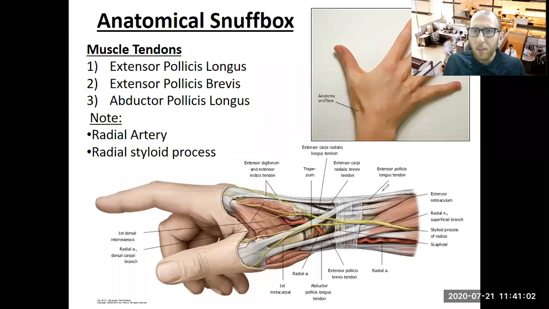Specifically note, though, that really the extensor pollicis longus is the only one on top. So there's one on top, two on the bottom. So if I show you a picture that just has this one on the top being exposed, you've got to know it's the extensor pollicis longus popping out of this person's skin.